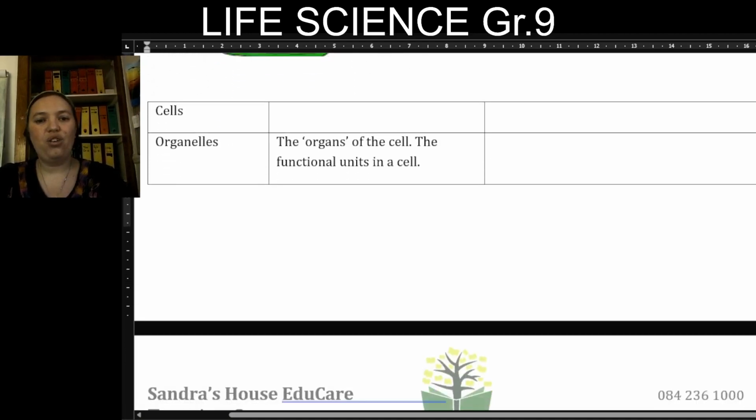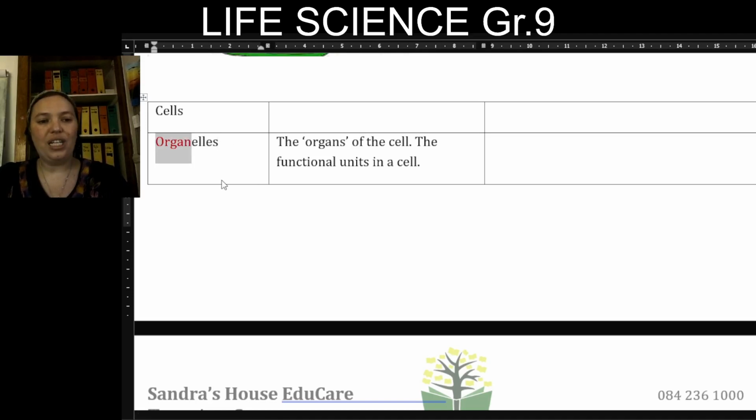Now let's have a look at all the terminology. We start here with organelles. You know the word organ. A body has organs, like your liver or your kidney. But a cell doesn't have an organ, it has organelles.